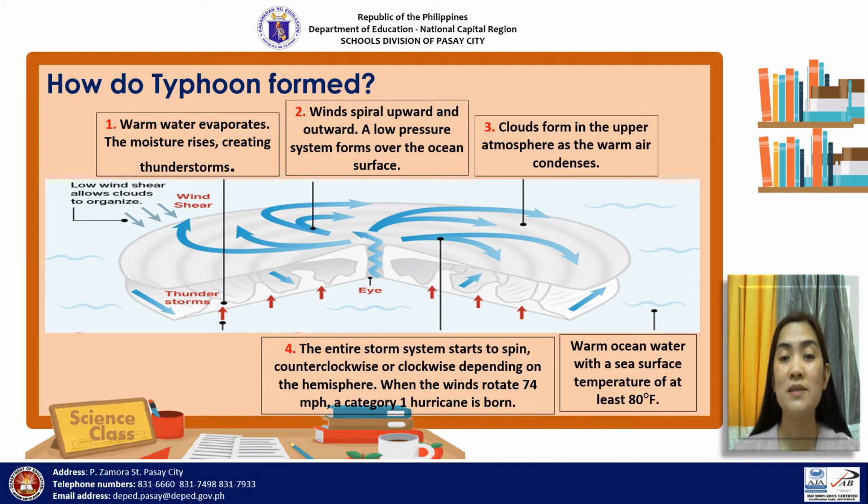When the winds rotate at 74 miles per hour, a Category 1 hurricane is born, or in the Philippines, a typhoon category is being born. And that is the process. How do typhoons form?